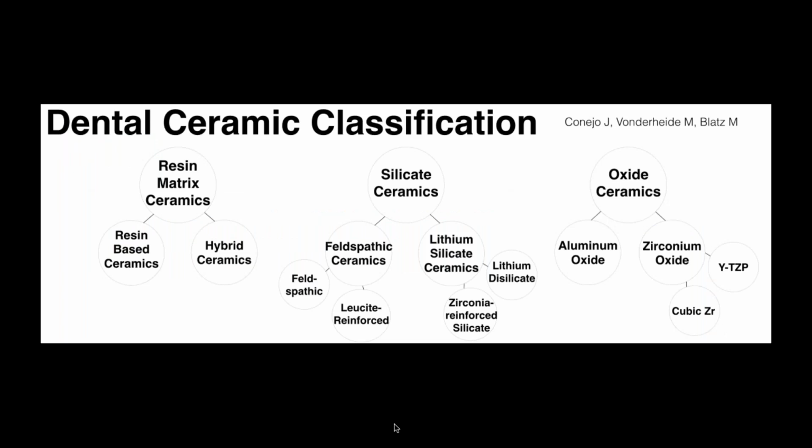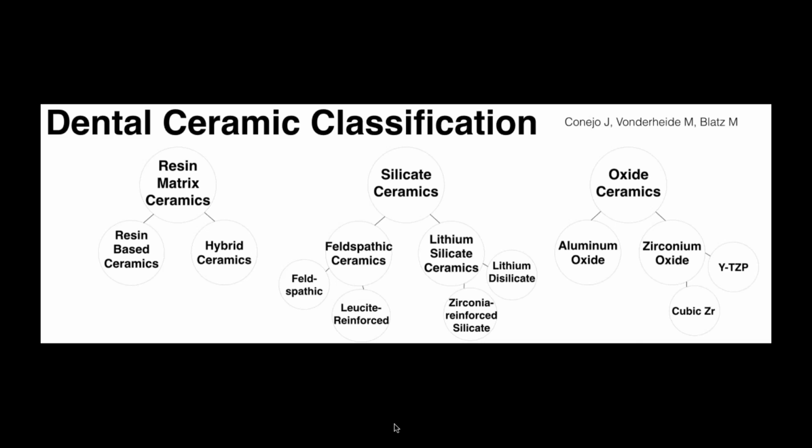So as a quick summary, probably if you heard my lectures before, I always have this slide where we divide the ceramic materials in three main groups. On the left, we have the resin matrix ceramics, which is everything containing a percentage of resin.